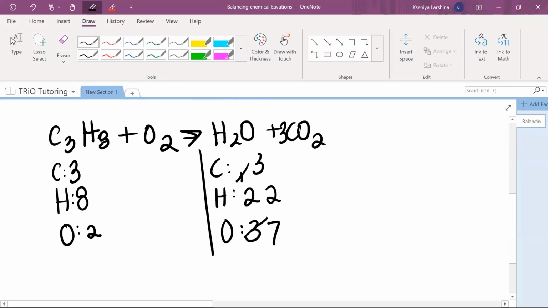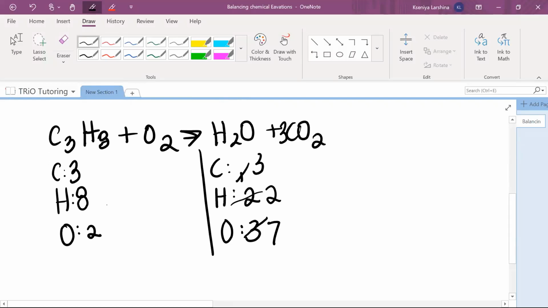So now that you have your 3 carbons, you need to find your hydrogens, since you still have 2 here and you have 8 on your reactant side. So the next thing you do is multiply the hydrogens from your water to find your H's.